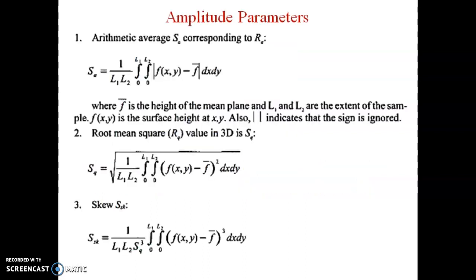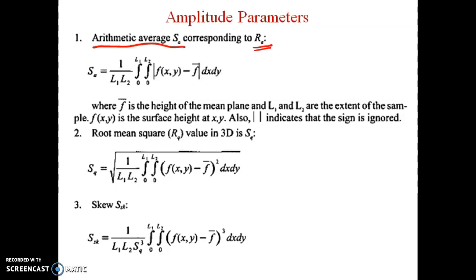First we will have the amplitude parameters, and in amplitude parameters we will consider the arithmetic average Sa, which corresponds to the Ra value in 2D analysis.